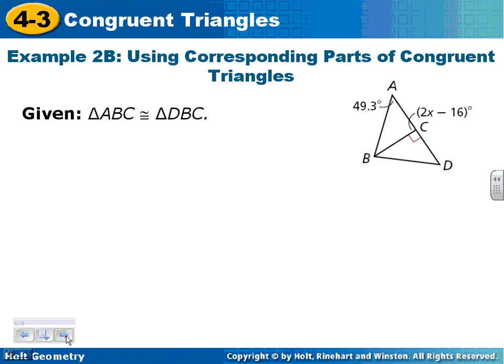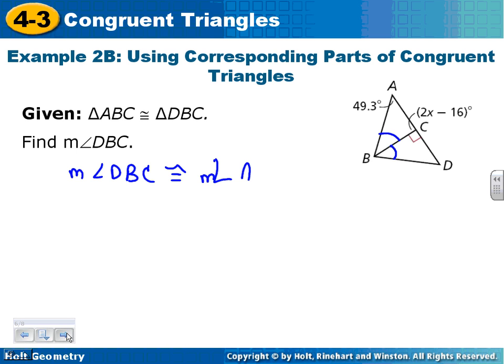Look at the next example. It's the same diagram, but now different directions. Find the measure of angle DBC. DBC, let me mark that in blue. DBC would be this angle right there. So I believe that would be the same thing as angle ABC. Those two blue marks would have to be the same, because the measure of angle DBC would be congruent to the measure of angle ABC.